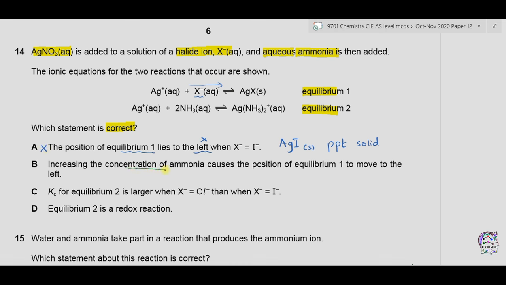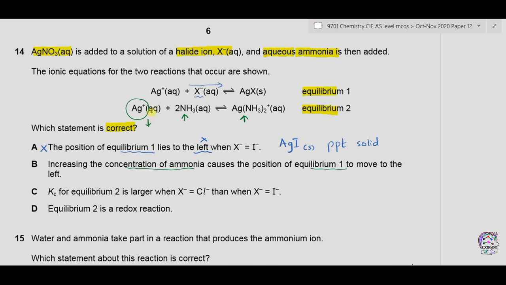B. Increasing the concentration of ammonia causes the position of equilibrium 1 to move to the left. When the concentration of ammonia is increased, we are increasing the amount of product in the second equilibrium. So the concentration of Ag plus will reduce as it is converted into product.